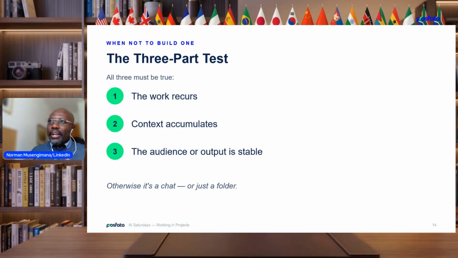For everything that you want to create a project for, these three things you're looking at on the screen must be met. There has to be recurring work, work you do to deliver that particular thing you want to create a project for. The other thing is that context accumulates.